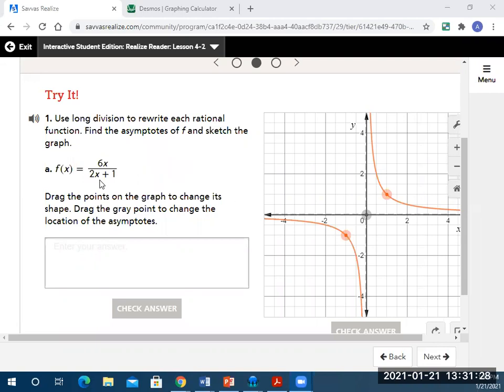So 3 over 2x plus 1 and then what? What was your remainder? Oh wait, your remainder was 3. What was the number you put on top? 3, right? So plus 3. All right, so now, did everyone get this as a new function after you did long division? All right, so let's, yeah.